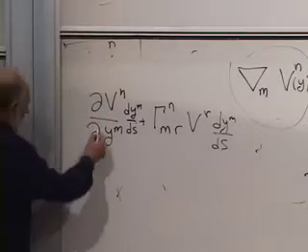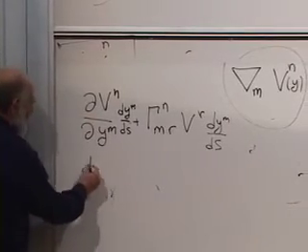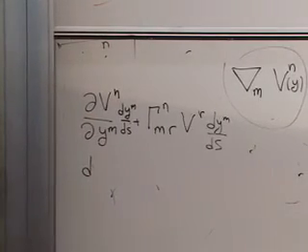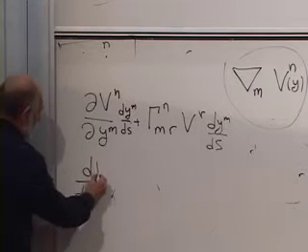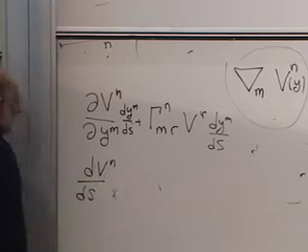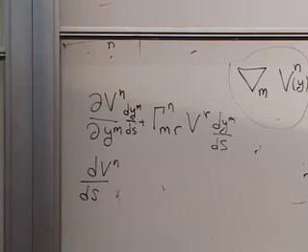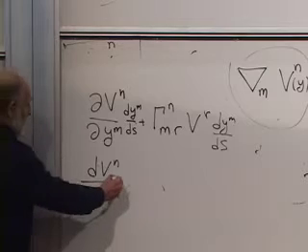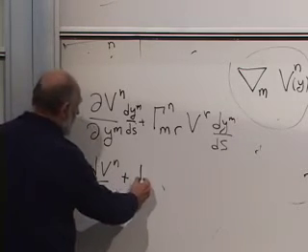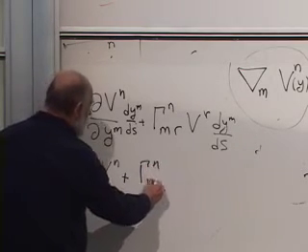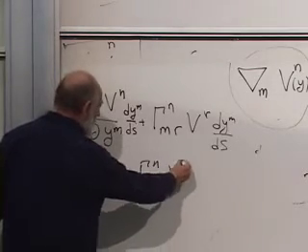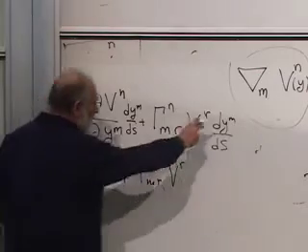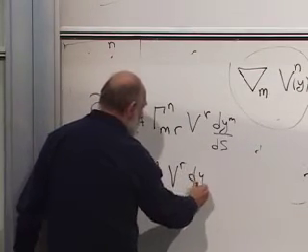This object over here is just the ordinary derivative with respect to s of V^n. So along the curve, we differentiate. It's the first term, but then there's another term, and the other term is gamma^n_mr times the vector that we're differentiating times the tangent vector.